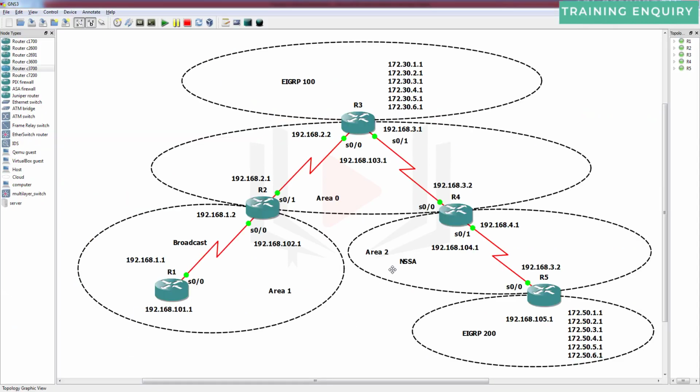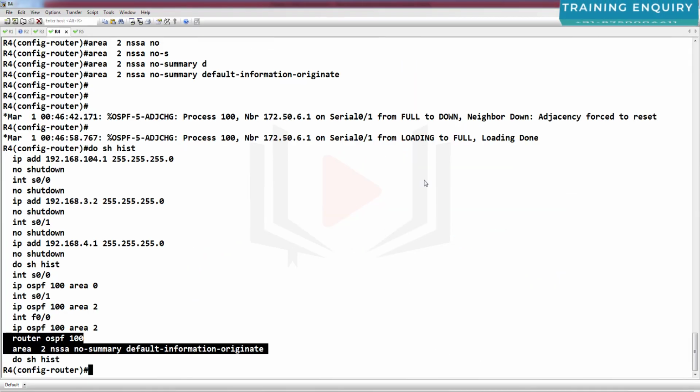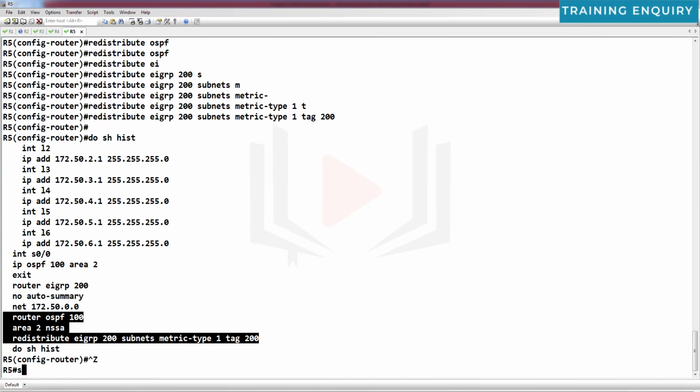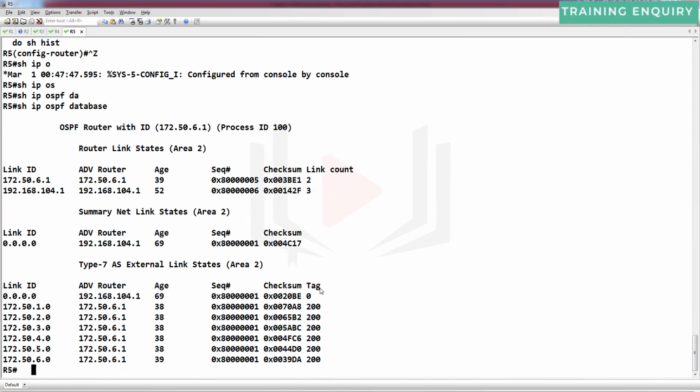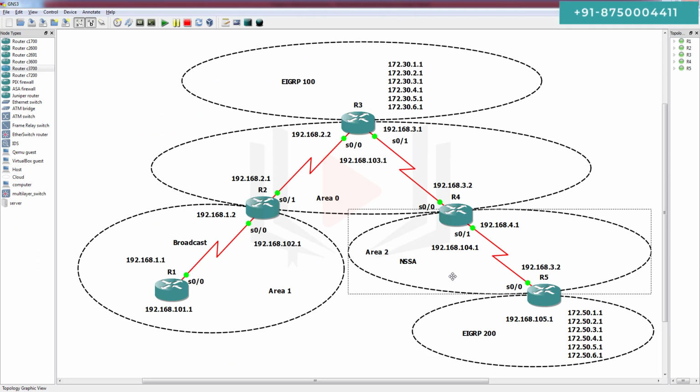So if you want to see LSA 7, you have to configure an NSSA area. This router will encapsulate the 50 series external routes in LSA 7. Go to R5, show IP OSPF database. Yes, in an NSSA area external LSA is not allowed.